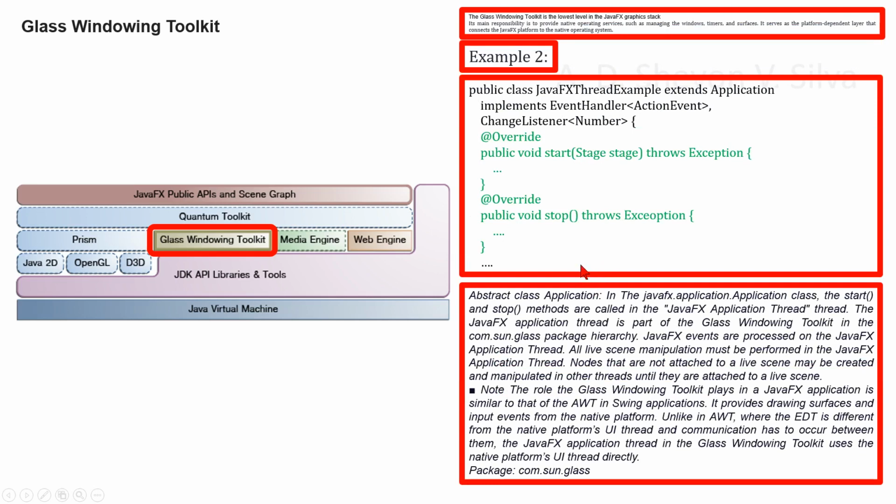As an example too, we can consider this code segment. Here, in the abstract class Application in the JavaFX application class, the start and stop methods are called in the JavaFX application thread.